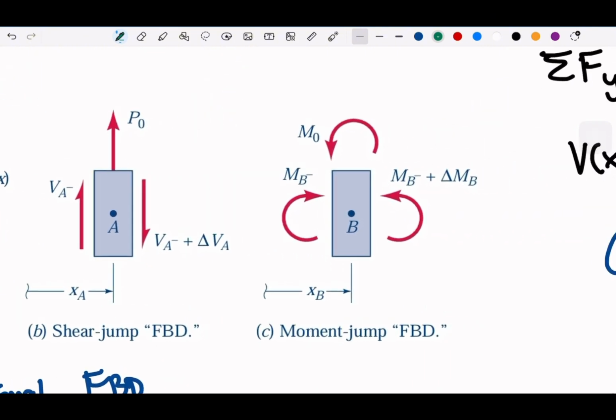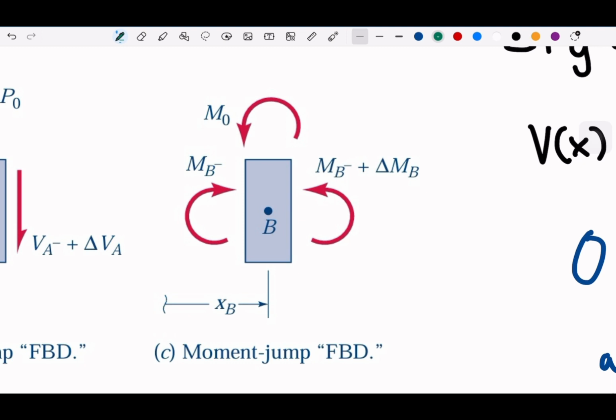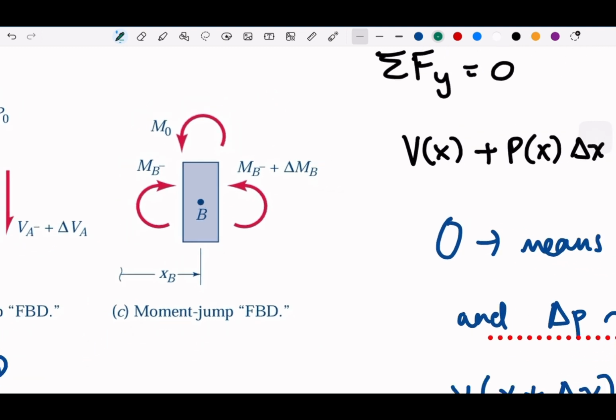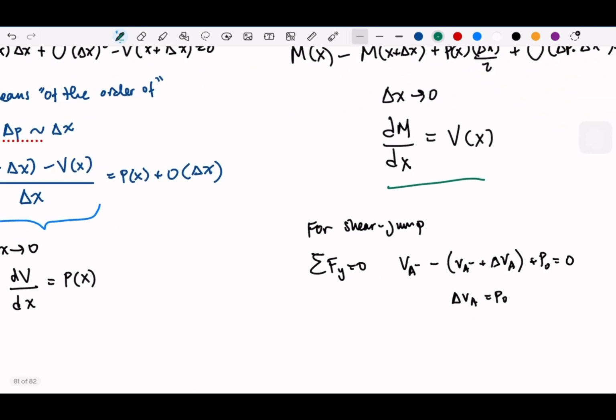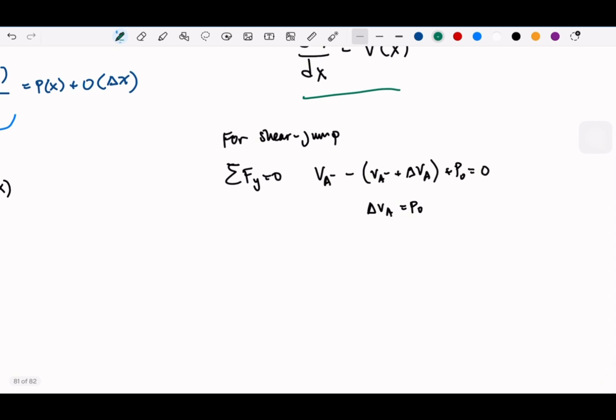And then we can also apply this for the moment jump, taking the sum of moments. We get the same.